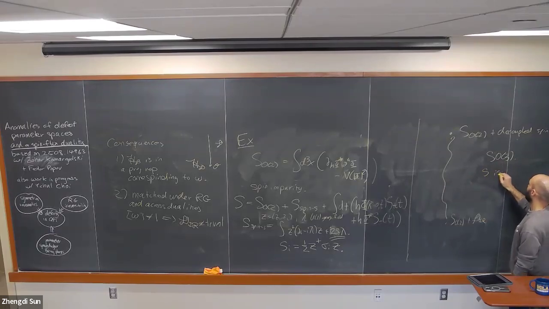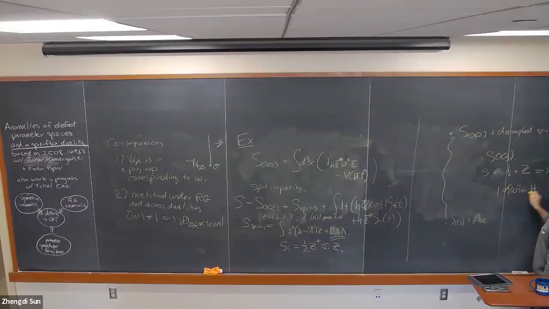So if S is in 1/2 plus Z, then there's a 't Hooft anomaly, corresponding to the non-trivial element of H2 of SO3. While if S is an integer, then there's no 't Hooft anomaly.